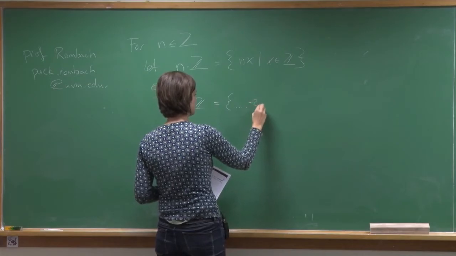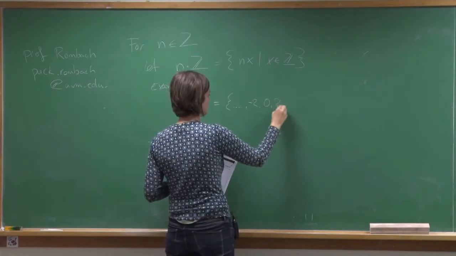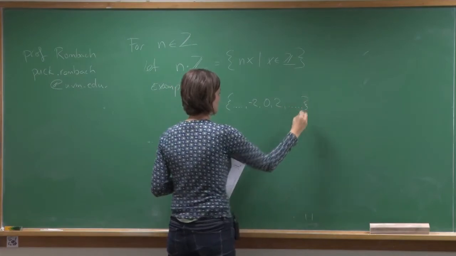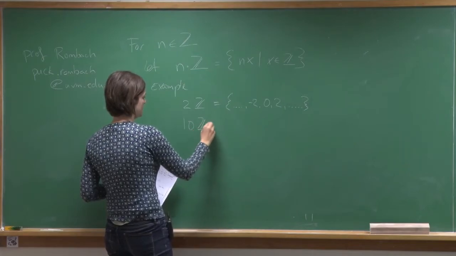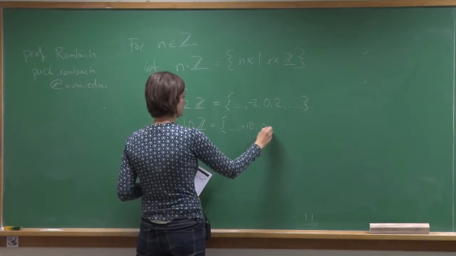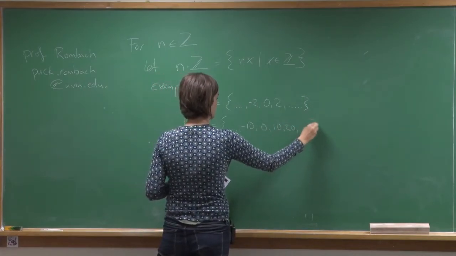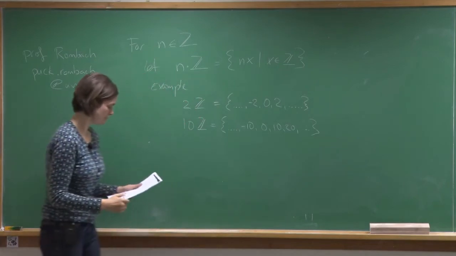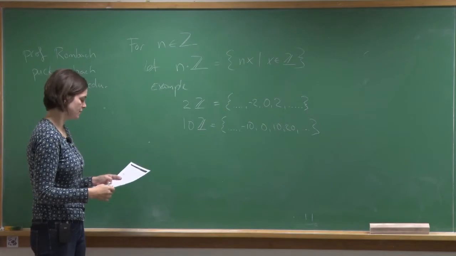You can say this is minus 2, the even numbers 0, 2, and then for example 10 times the integers is minus 10, 0, 10, 20, like that. So just the multiples of a certain number.